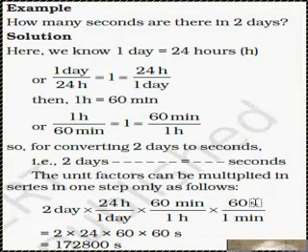So here the unit factor will be 60 second upon 1 minute. Now here this minute is in denominator. So I will have the minute in numerator. So it will be 60 minute upon 1 hour. Again I have the hour in denominator. So I'll write down 24 hour upon 1 day.